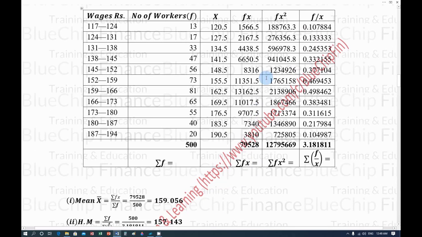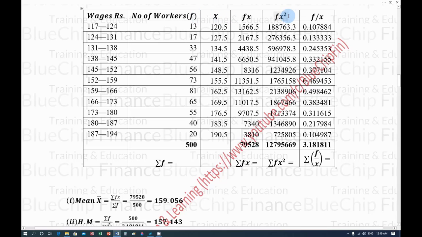For standard deviation we need fx square. So fx square is simply fx multiplied by x. There are two ways to calculate this. First, you can take the square of x and then multiply it with f, but it is a lengthy procedure.